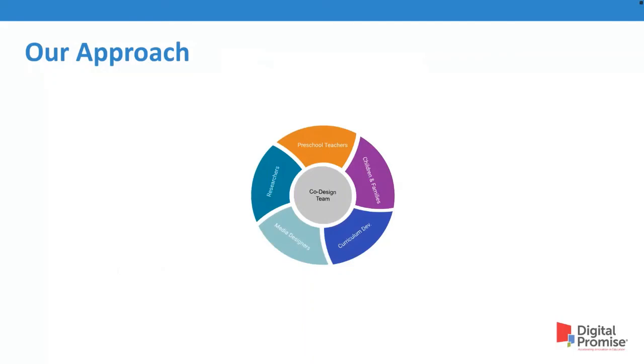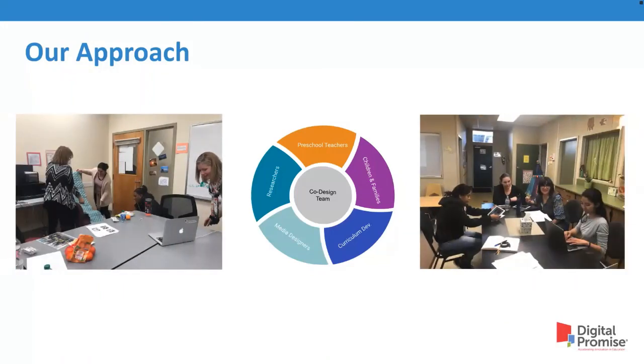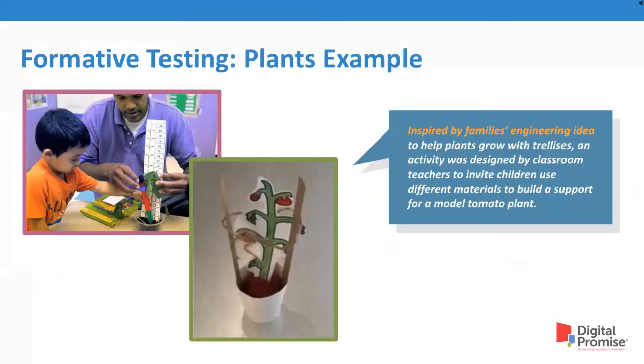Together, we identified experiences through which children and families naturally engage in science, math, and engineering. For instance, teachers and families shared their common experiences with plants. From this, the team designed an activity focused on building a support for a model tomato plant that was then tested and iteratively refined based on discussions and findings.